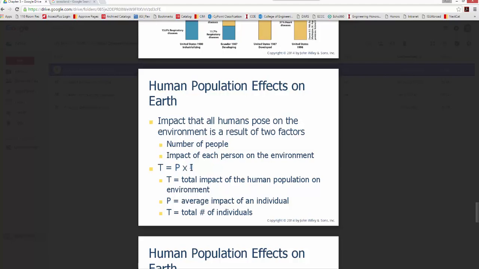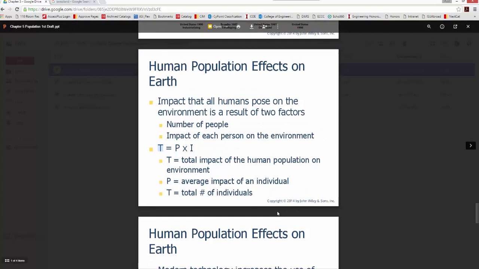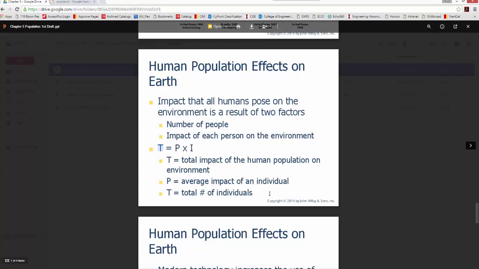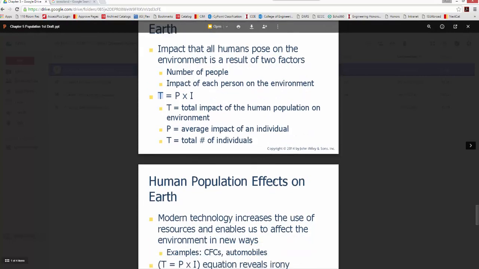However, the number of individuals is quite a bit more. So even though they might have fewer cars or fewer fossil fuel burning type of machinery, they have a much larger population. So they would make a rather large impact as well. So either one of these, the average impact or the number of individuals, plays a role in the total impact or the total footprint that we leave on the environment.